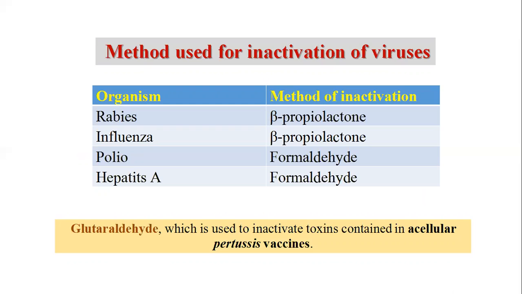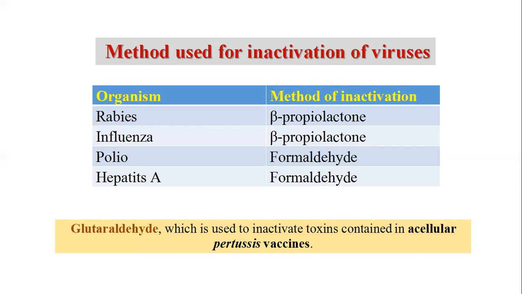Here I have tabulated the modes or methods of inactivation of the virus particle. Basically, three compounds, beta-propiolactone, butyraldehyde, and formaldehyde, are used for the inactivation of viruses. But not all the time can we use all sorts of inactivating agents. For the preparation of vaccine from rabies virus and influenza virus, we add beta-propiolactone.